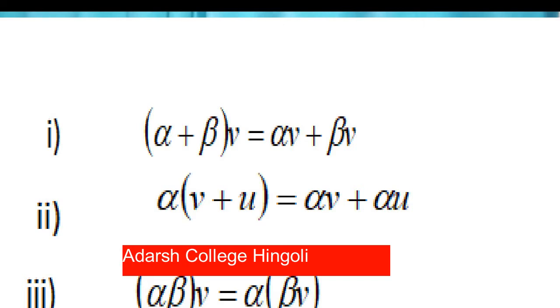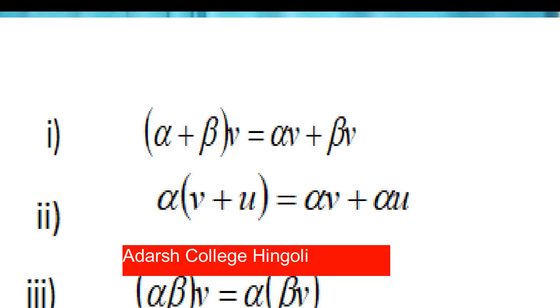The first property is (alpha plus beta) into v. You can see that alpha plus beta is in parentheses, so preference goes to the parenthesis term, and if this product is equal to alpha v plus beta v, then the first condition holds.